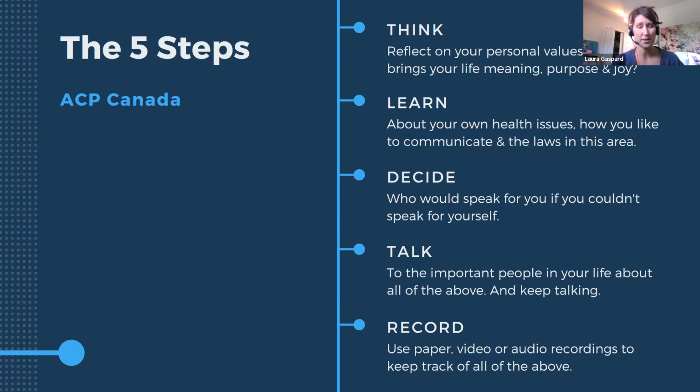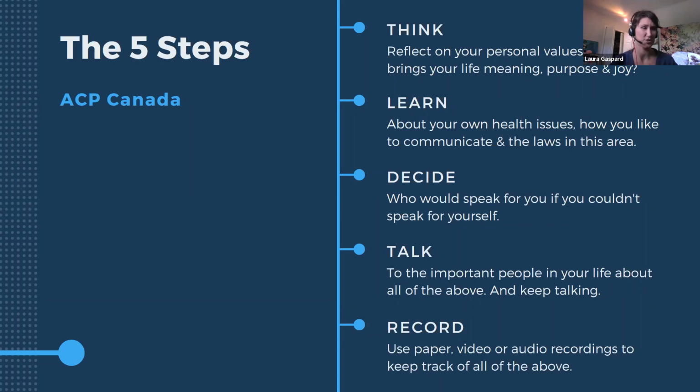But the steps are think, so that's more of an internal reflection process where you're thinking about who you are as a person, and what makes you you, what brings your life meaning, purpose, and joy. And then learn. So that's more of an external reflection. So you're thinking about how do you like to communicate?